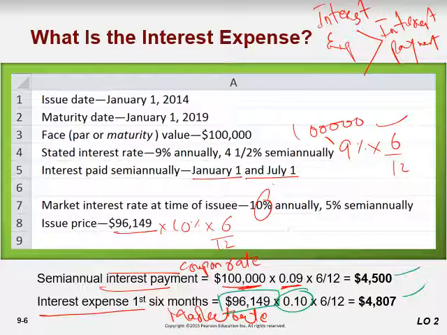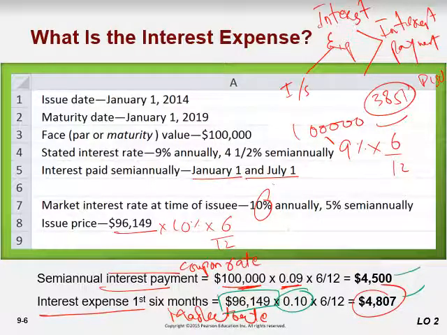Interest expense is an item of the income statement, so this will go to the income statement. So basically, why is it higher? Because there is a 3851 discount as well. We are also writing off our discount with interest expense.